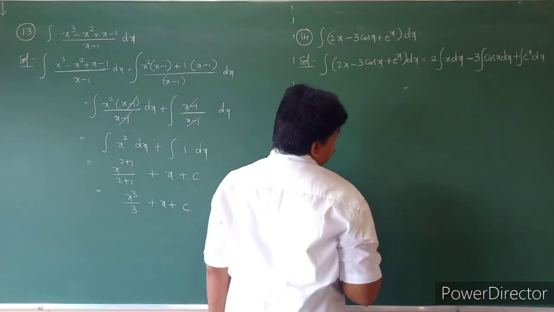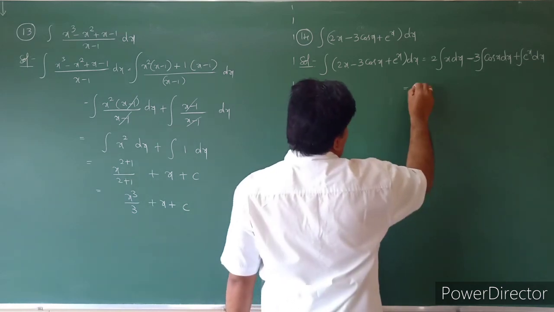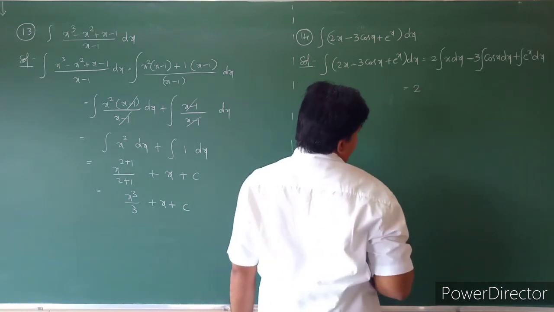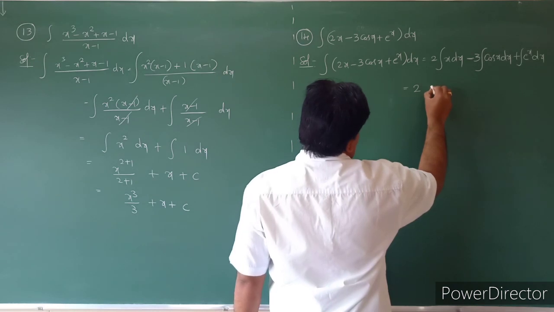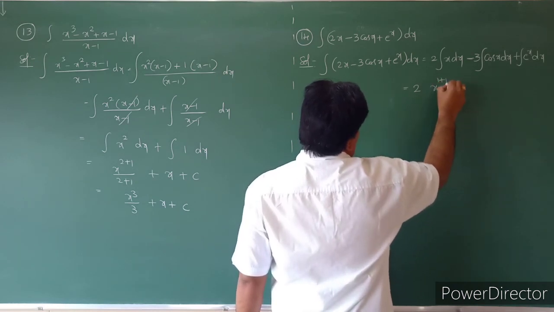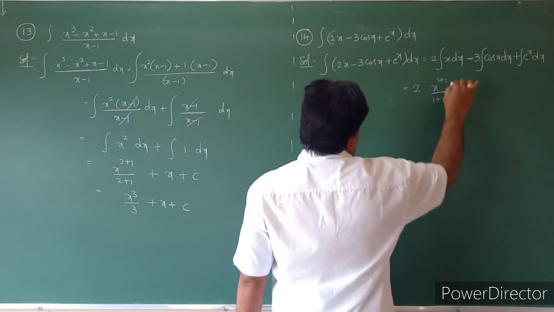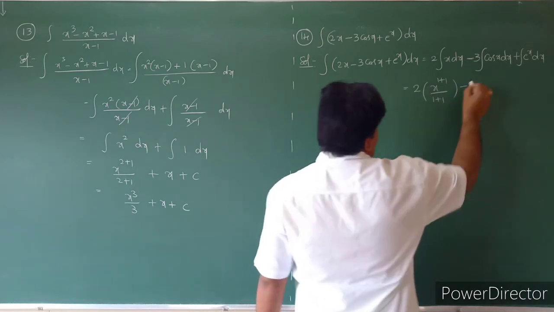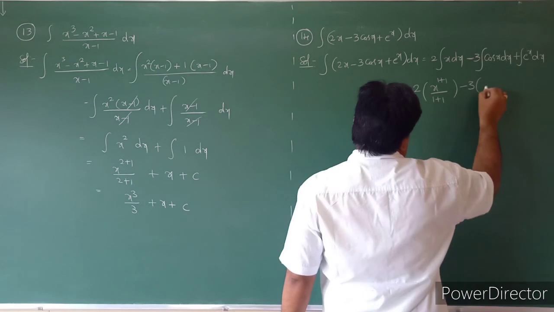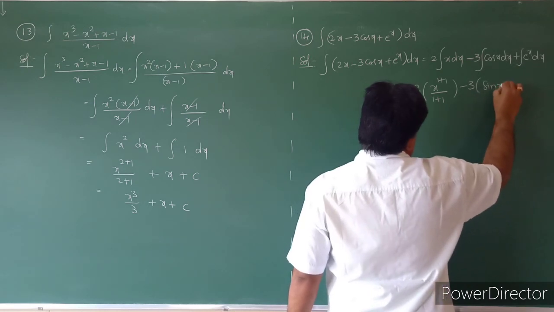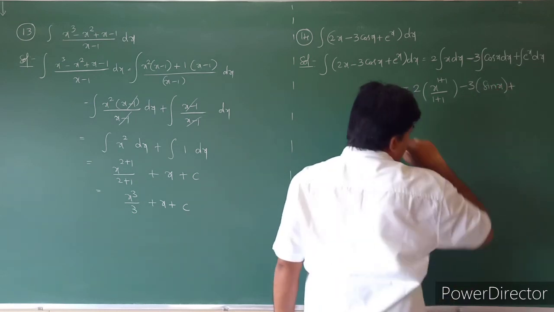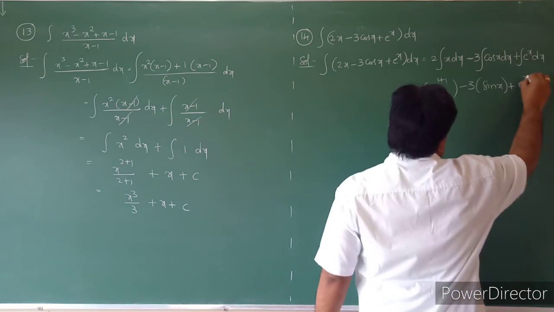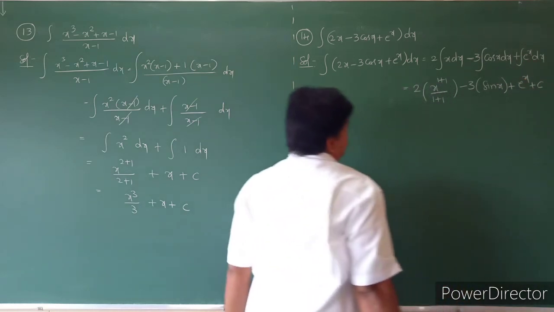That is equal to 2 into integral of x, integral of x is nothing but x power 1 plus 1 by 1 plus 1, minus 3 into integral of cos x, which is sin x, plus integral of e power x, which is e power x, plus c.